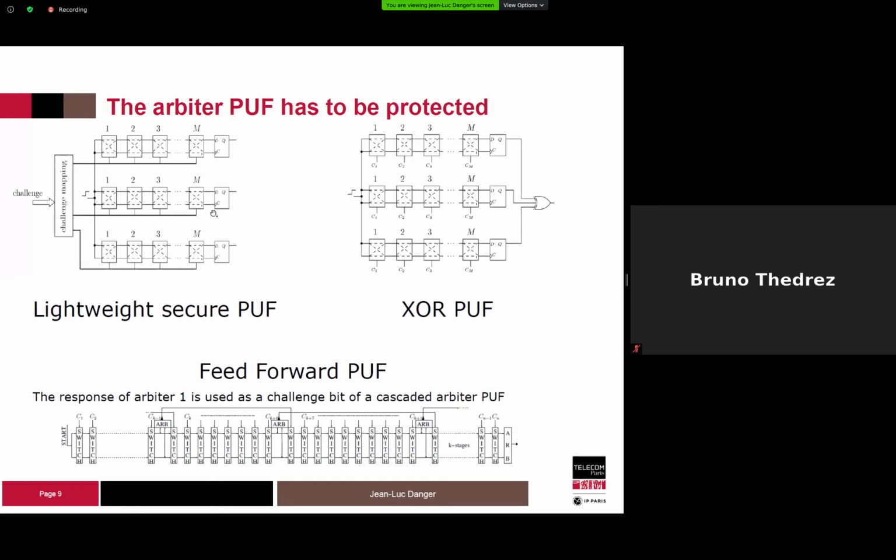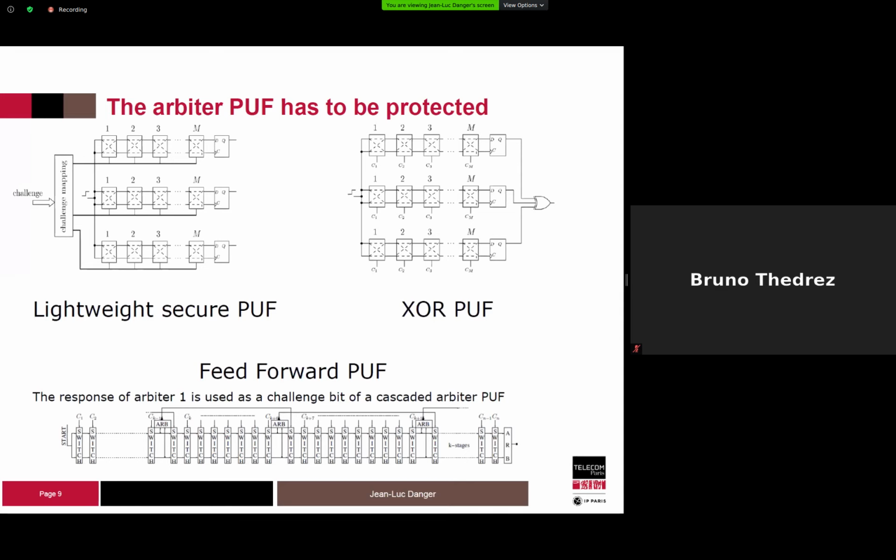A lot of PUFs have been proposed to increase the robustness against machine learning attacks. For instance, the feed-forward PUF at the bottom is merely a cascade of Arbiter PUFs, where the output of the first one feeds the challenge bit of a consecutive Arbiter PUF.